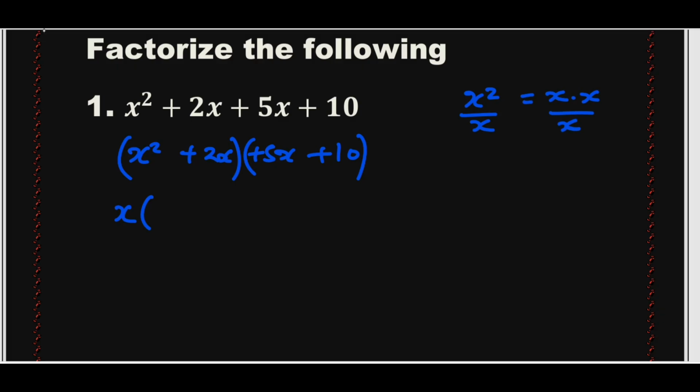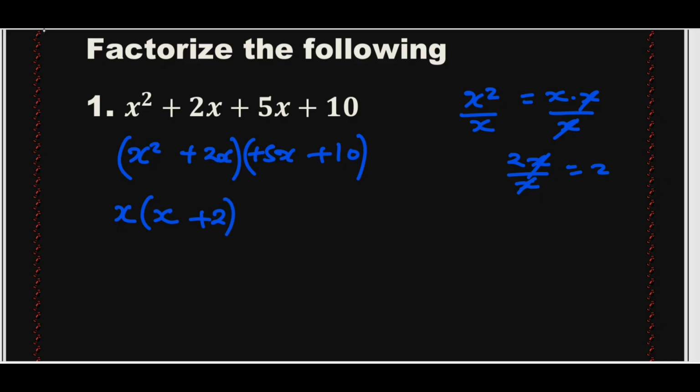Divide this by x, x and x will go, you remain with one x. So what is to be written here is x, so that when you open the bracket, x times x gives you x squared. And then 2x divided by x, you remain with 2. So we shall now have x plus 2.